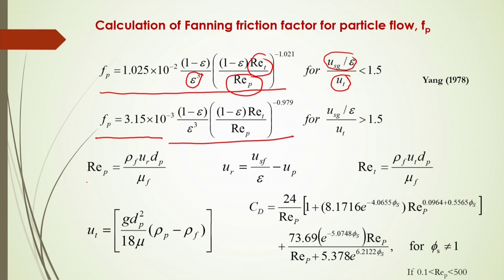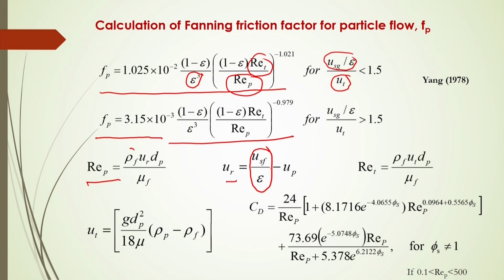Now, the Reynolds number of the particle is defined as rho f u r into dP by mu f. What is this rho f? Rho f is nothing but the fluid density. U r is the relative velocity of the solid particles relative to the fluid velocity. Here u r is nothing but u s f by epsilon. What is S? S is for superficial velocity, F for fluid. Fluid may be either liquid or gas.